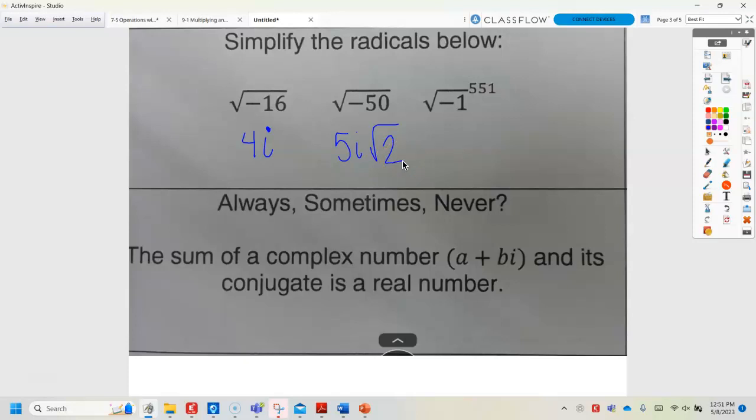The square root of -1 would also be i. And then you would have i to the 551. So remember, the rule is that if you have i to a power, you take that power and divide it by 4 to see where you fall into the cycle.